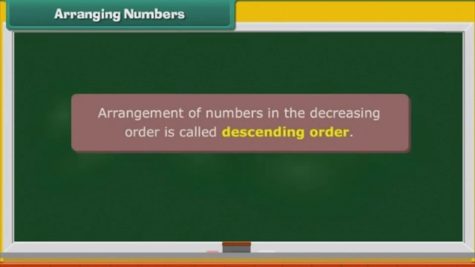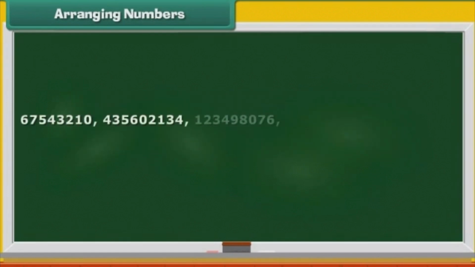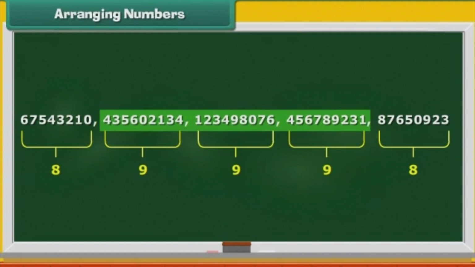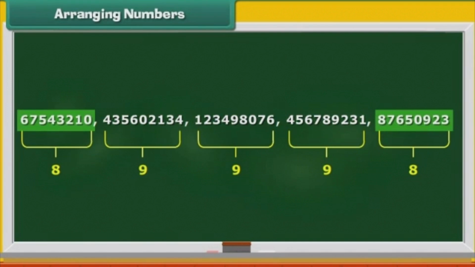Let us now arrange numbers in descending order. Arrangement of numbers in the decreasing order is called descending order. Take a look at these numbers. Count the digits in each number. 43560 2134, 1234 980 76 and 4567 89231 have 9 digits. 6754 3210 and 87650 923 have 8 digits.